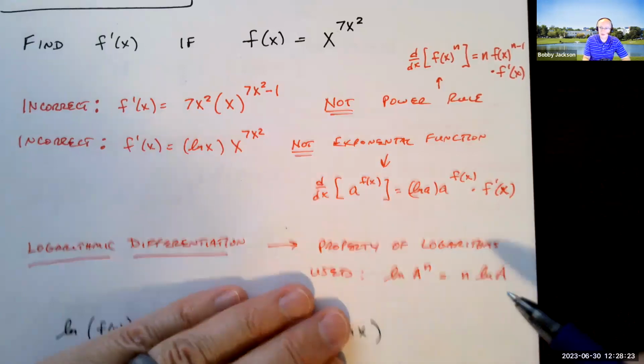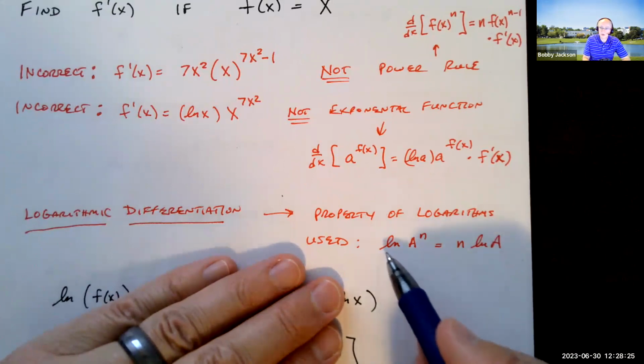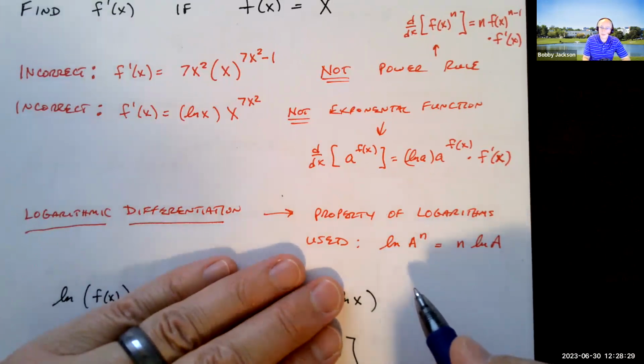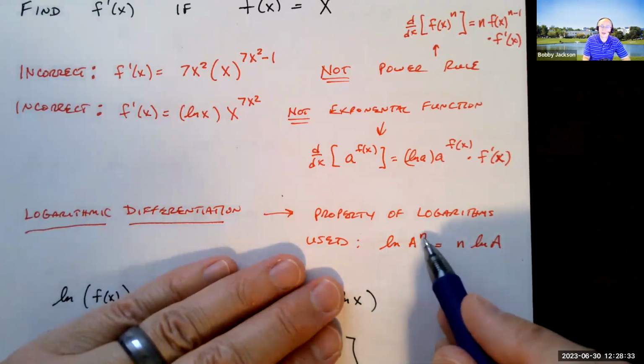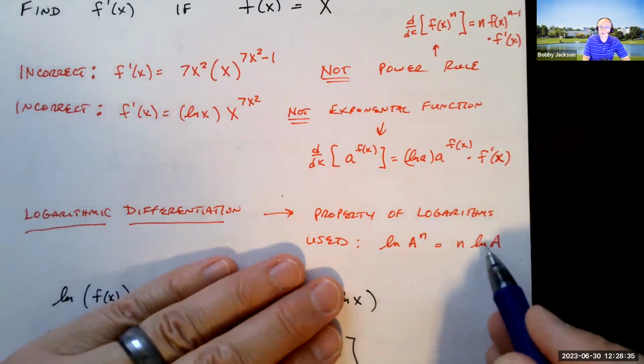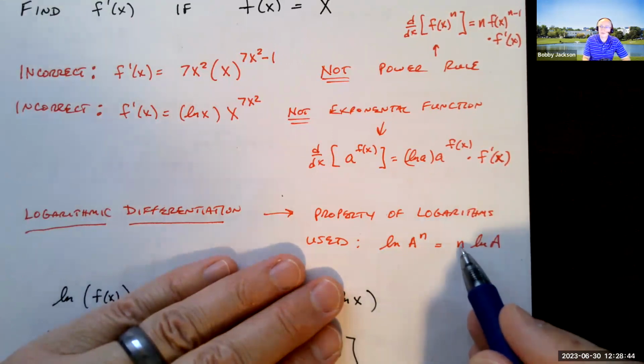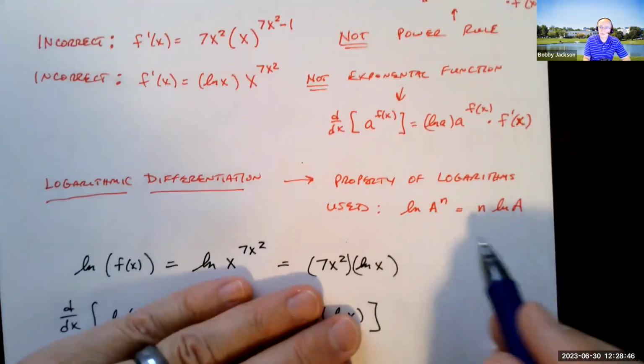And that comes again from the property of logarithms, that logarithms are exponents. And when you're raising a base to a power, raising that to another power, then you multiply the exponents. So remember, the natural log of a is the exponent on the base e needed to get a, and you're multiplying that exponent by n. So this is the property we're going to use.